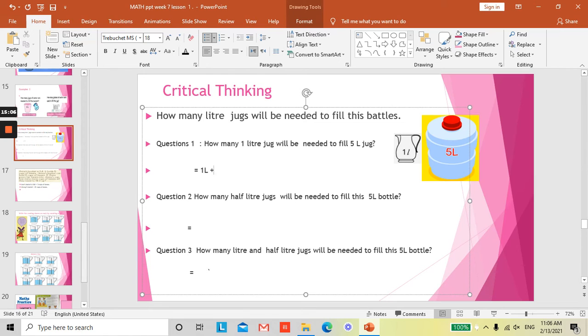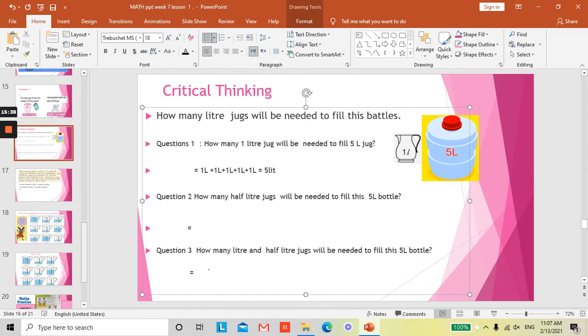So it's going to be 1 liter plus 1 liter plus 1 liter plus 1 liter plus 1 liter, which is equal to 5 liters.